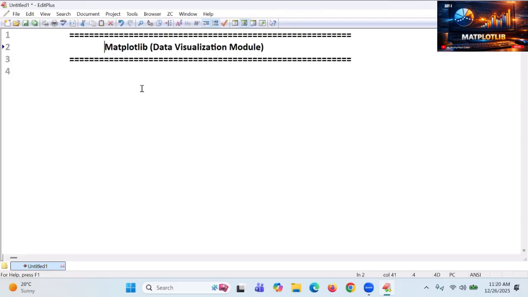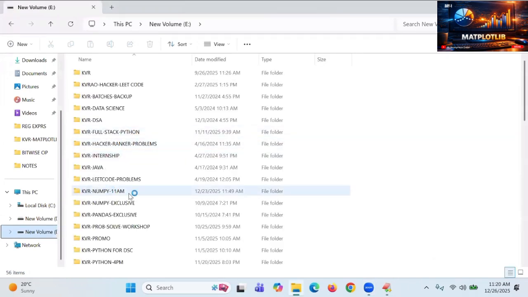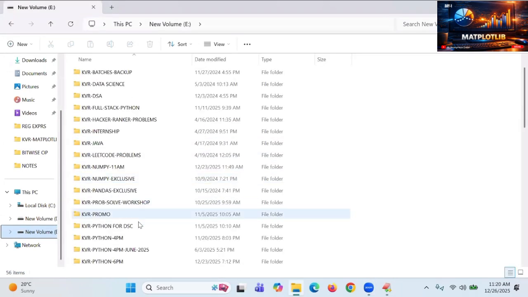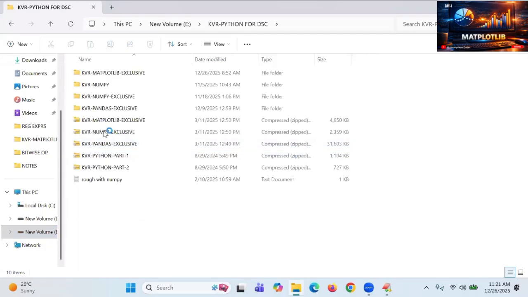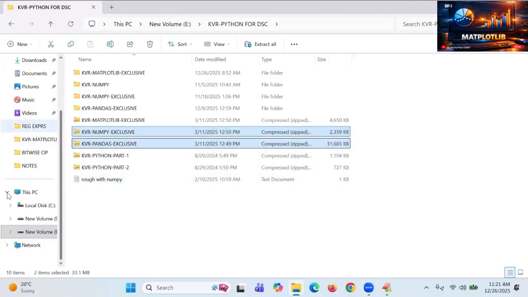Right, Ramesh? So I will send you, my dear students, what I have already made ready. The moment the course is over, I'll send it to you immediately. Here, zip files I made ready: NumPy, Pandas, Matplotlib.